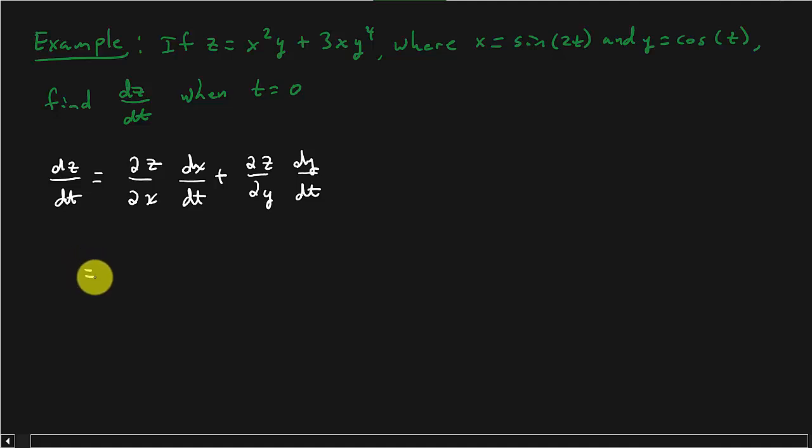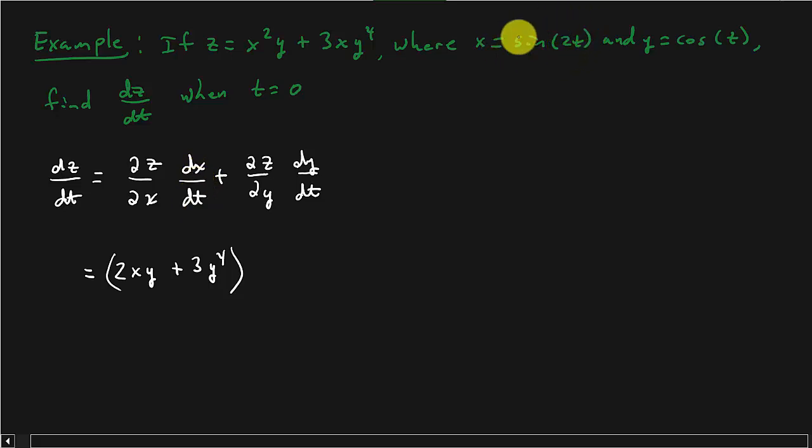So this is equal to the partial of z with respect to x, which is going to be 2xy plus 3y to the fourth. That's the partial of z with respect to x, and then times the derivative of x with respect to t.